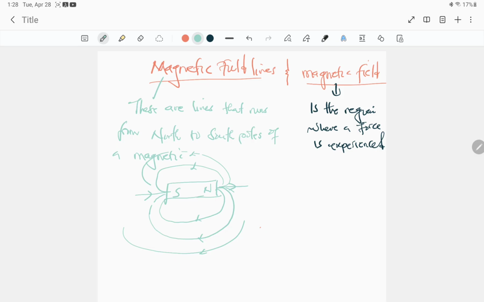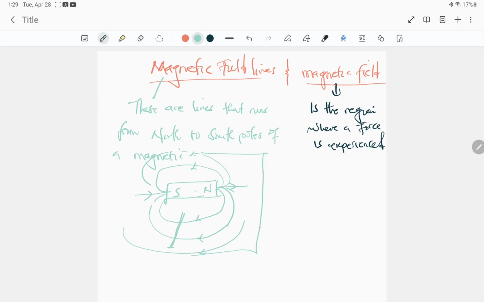Then a magnetic field: if you place any magnetic material within this region, it will experience a force. If you place a wire here, this wire will experience a force of being attracted to a magnet.